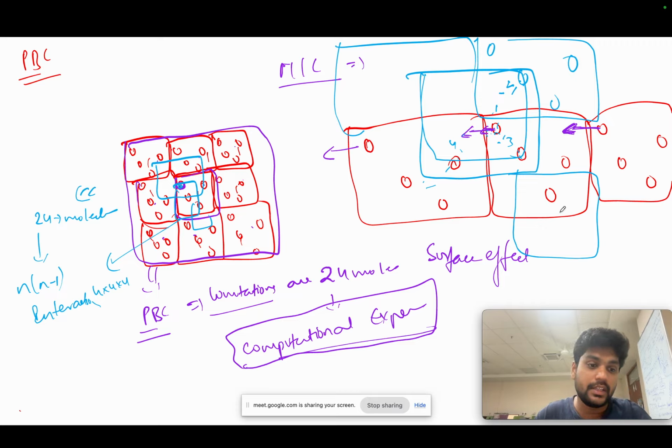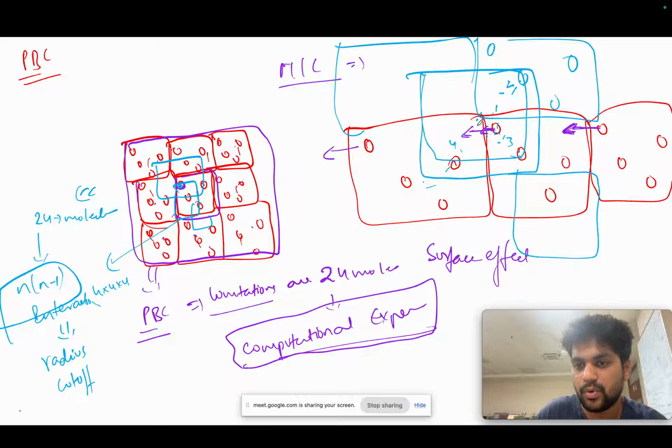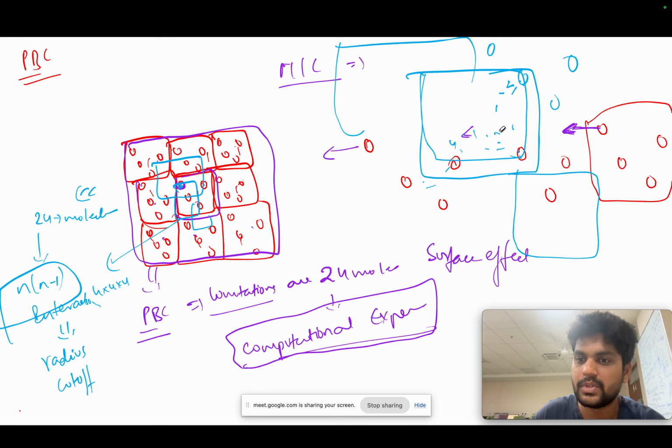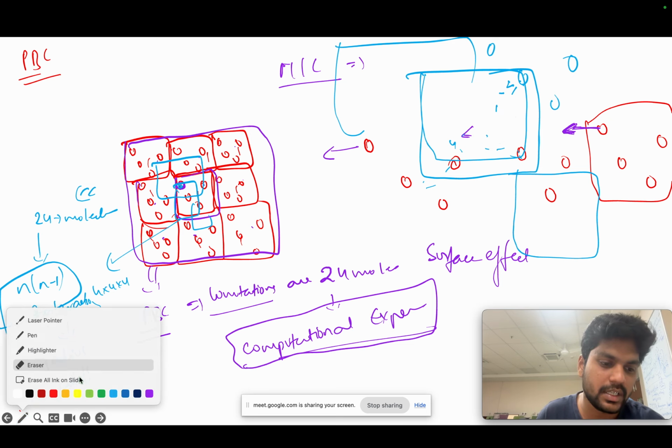But then there is another method, which is radius cutoff. Instead of taking this many interactions, they made small circles around the molecule with some radius. I think this will be somewhat confusing, bear with me for 2 minutes, you'll understand it.